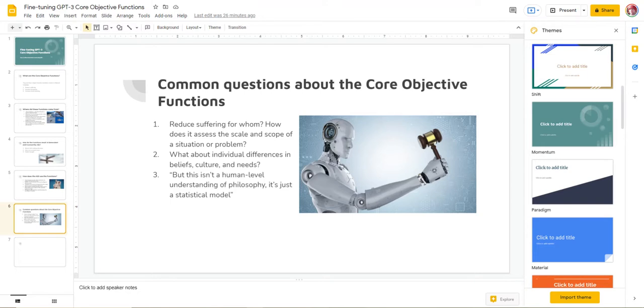Functionally, that's perfect. If this statistical model can perfectly predict what a human would say in this philosophical jam, that's already performing at human level. So I don't understand why that is a criticism, but it's one I've heard multiple times.